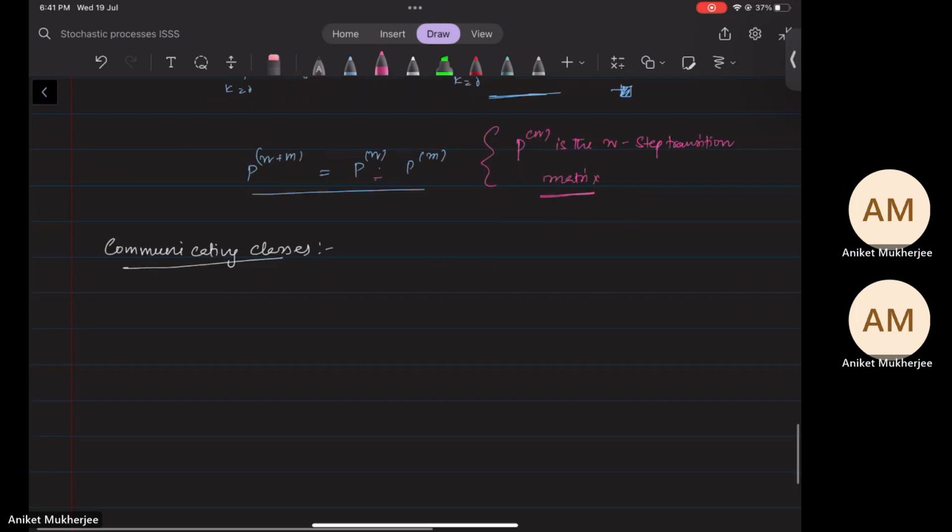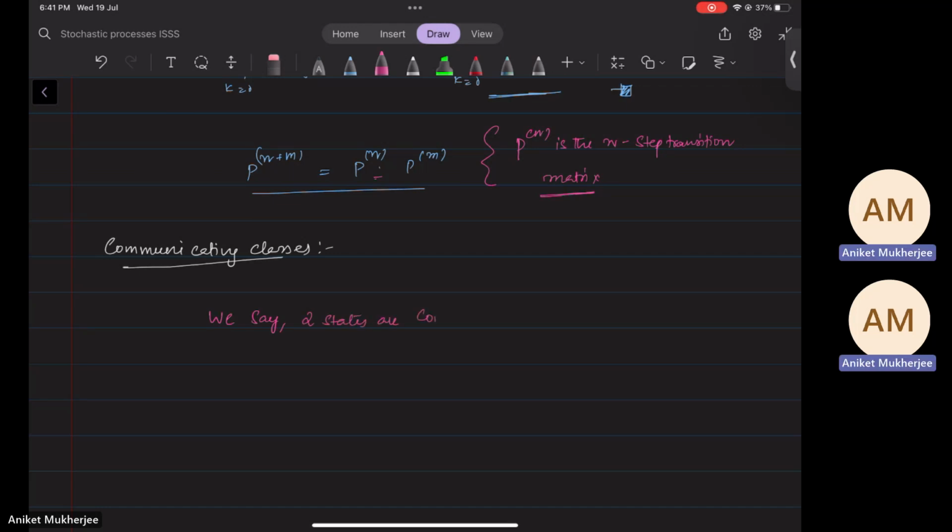We say two states are communicating if, for some, so let the two states be i comma j. So i and j are communicating if for some n greater than or equal to 0, P_ij^(n) is strictly greater than 0, then we say that the two states are accessible to each other, or the two states communicate.